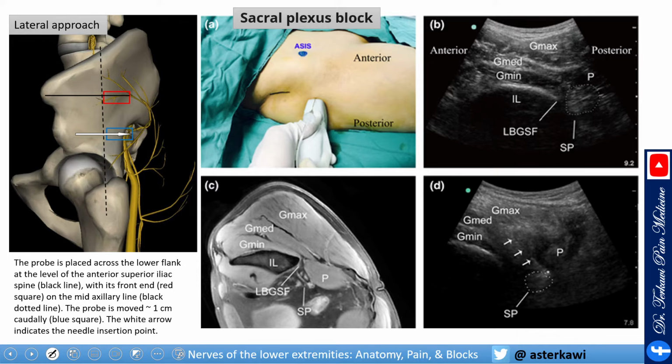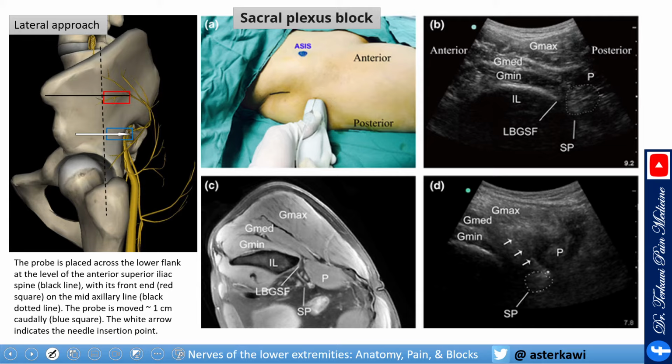Now, when you talk about sacral plexus, it's not a commonly performed block because basically you can block the sciatic nerve, transgluteal, and that will cover the entire leg. But if you look in the literature, there are multiple approaches reported.